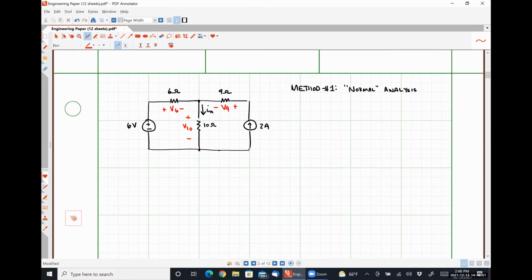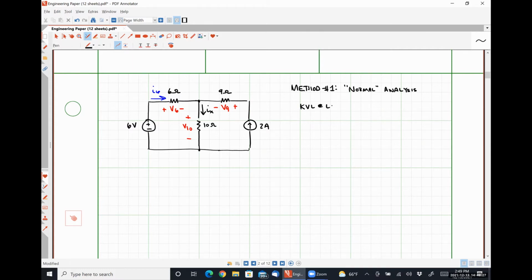I chose the positive terminal on the right purely because there's a current of 2 amps flowing into that positive polarity terminal, so I get to know what that one is pretty easily. I can also call the current flowing through my 6-ohm resistor I6. This is not the only way to solve this problem by any stretch of the imagination, but it just happens to be the way that I'm going to do it.